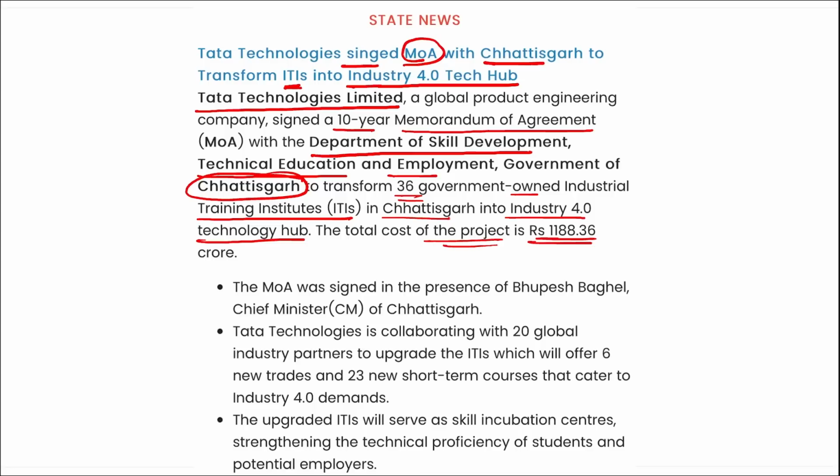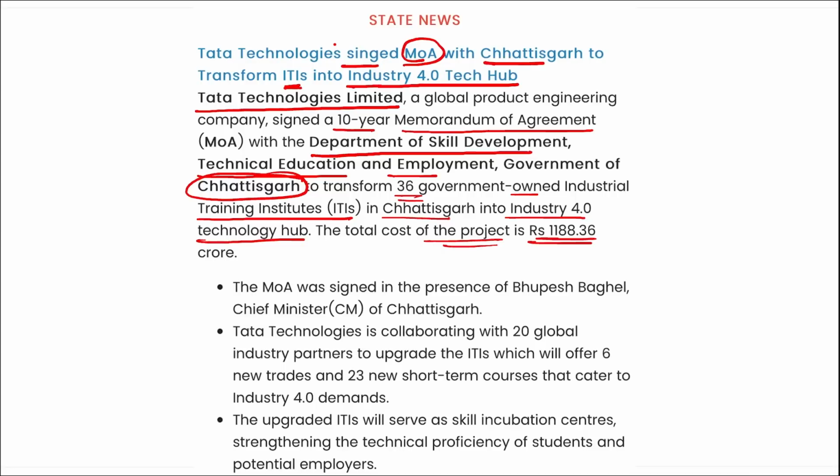Correct? This is a collaboration with 20 global industry partners to upgrade the ITIs, which will offer 6 new trades and 23 new short-term courses to cater to industry demand. The upgraded ITIs will serve as skill incubation centers, where the skills required for today's time will be taught.